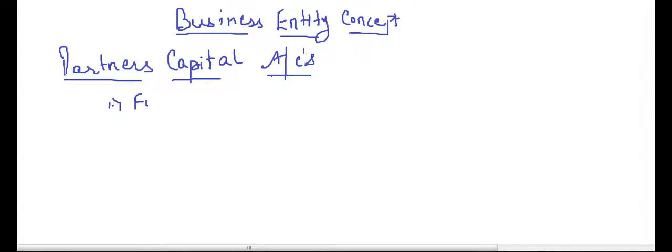One is fixed capital account and the second one is fluctuating capitals.